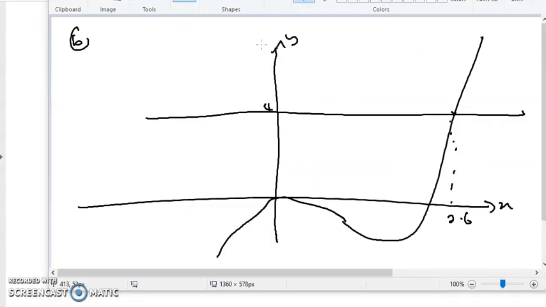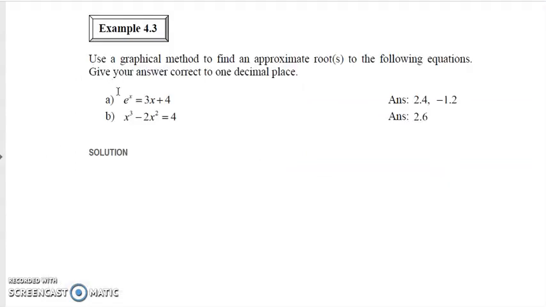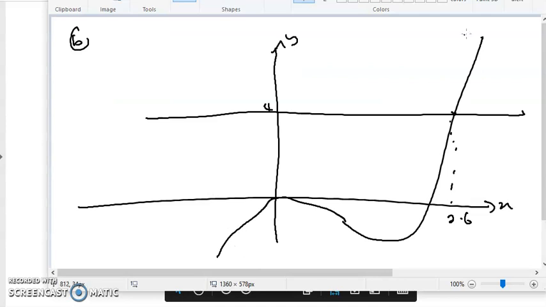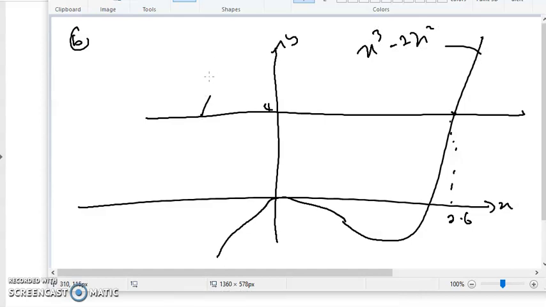For question B, you are given x cubed minus 2x squared is equal to 4. The first one is x cubed minus 2x squared, which is the cubic, and the other one is y equal to 4, which is our horizontal straight line.